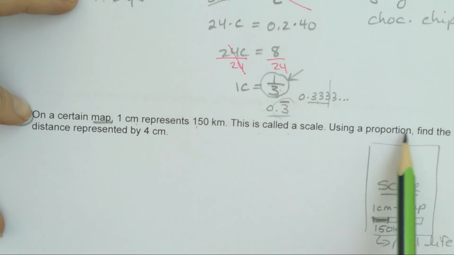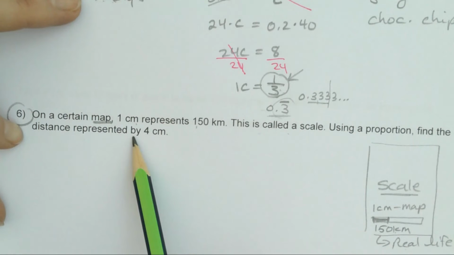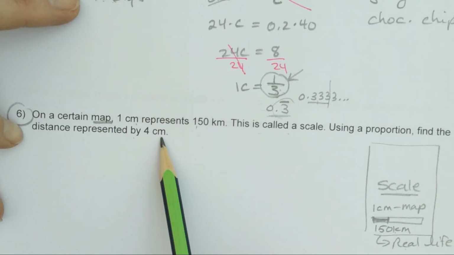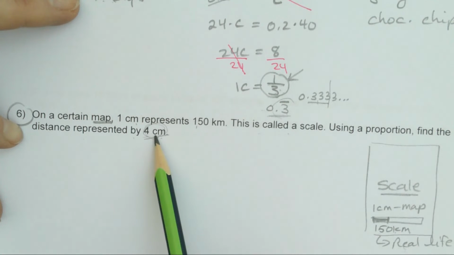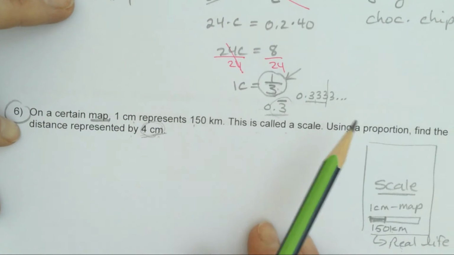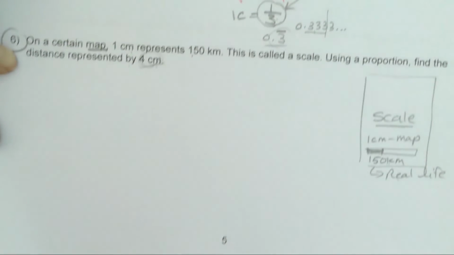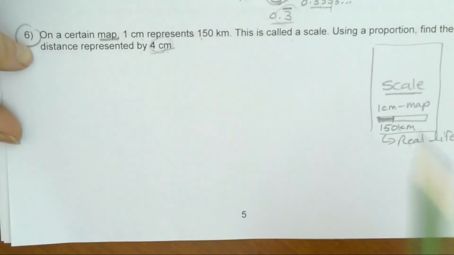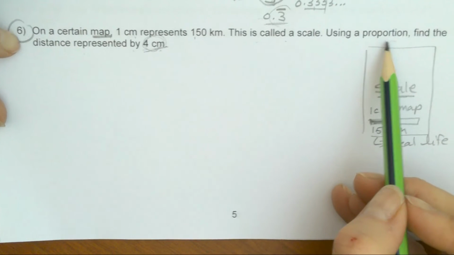Using a proportion, find the distance represented by 4 centimeters. So they're saying on the map there's a distance of 4 centimeters, and in real life, how much is that equal to? Well, we might be able to think that through, but they're saying use a proportion to solve it. So we have to solve it using the proportion.